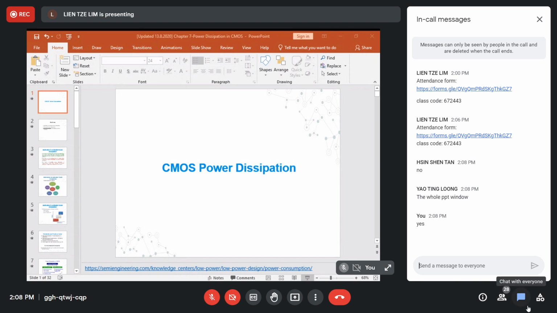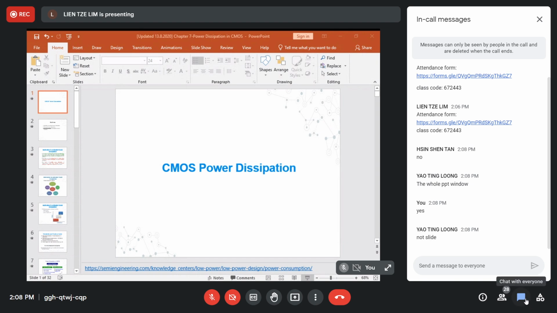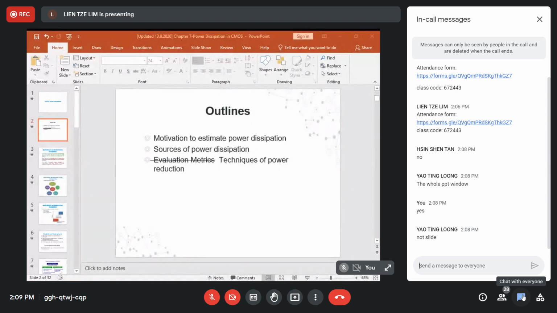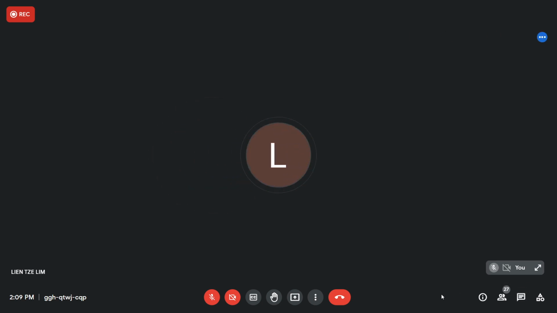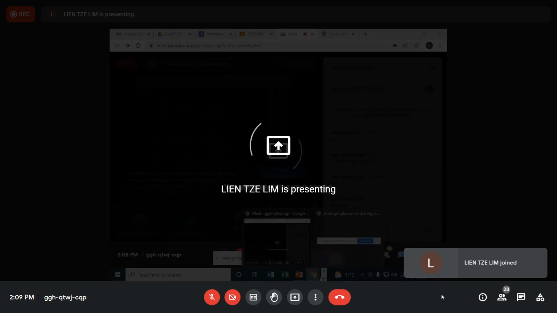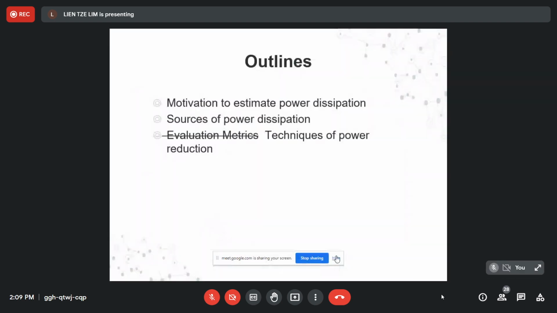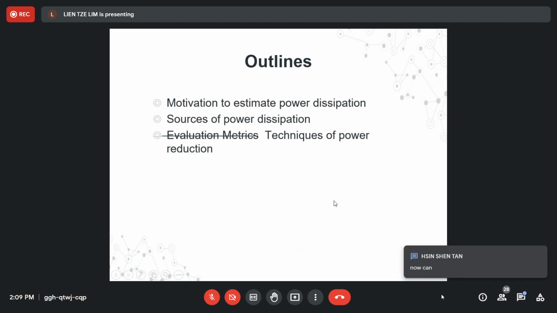Okay, I already switched it to slideshow, but I don't know why it does not show through the screen. Okay, I think now should be okay.